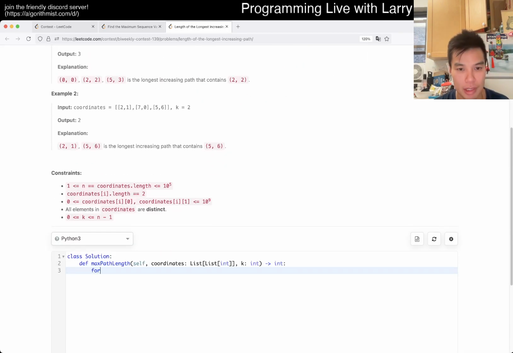Alright, let's just try. Alright, so the longest thing would have been to binary search on this and then just go right.